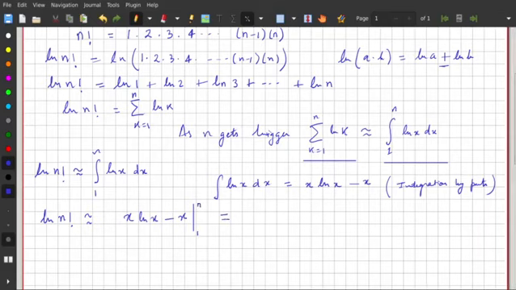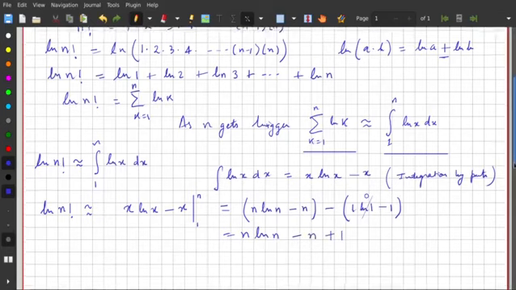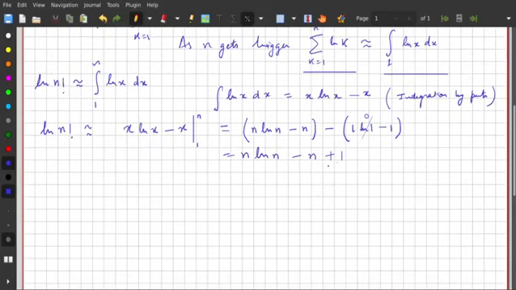If we use this limit, this will become n log n minus 1 log 1 minus 1, and since log 1 is 0, this becomes n log n minus n plus 1. Okay, and since as n gets larger and larger, this 1 becomes basically negligible, therefore we can write log of n factorial is approximately equal to n log n minus n. Okay, so that is what Stirling's approximation is.